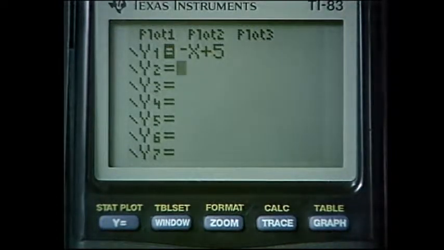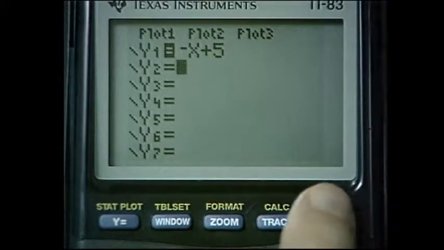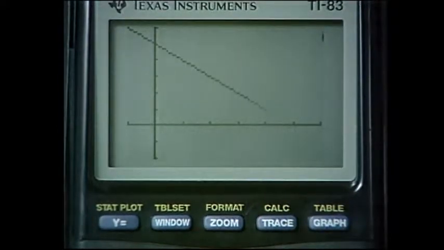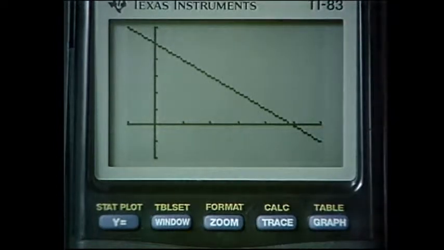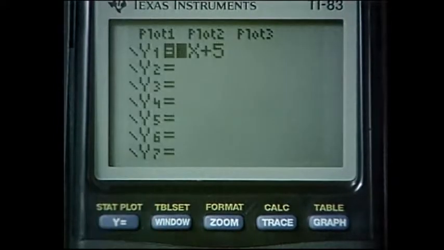Remember, one inequality was y is less than or equal to negative x plus 5. So I've entered y equals negative x plus 5, and here is its graph on particular window settings. And now what we'd like to see, though, is a shaded region. It turns out that this graphing calculator, the TI-83, is capable of shading below a graph or above a graph.